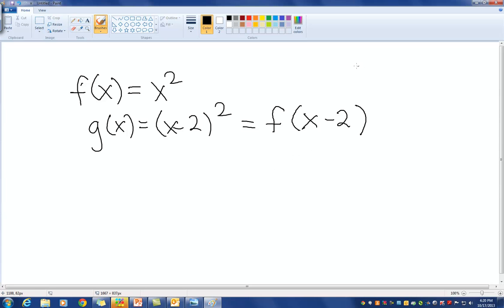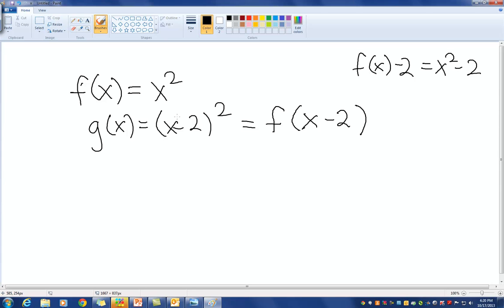It's not a case of taking f of x minus this. No, it's not a matter of subtracting 2 from the output. It's a matter of subtracting 2 from the input.